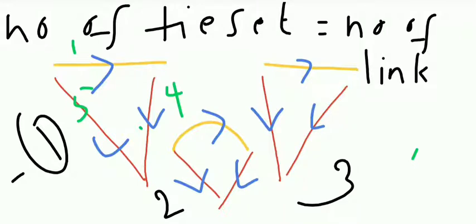And branch 5 is going opposite to the direction of link 1, whereas branch 4 is going along.